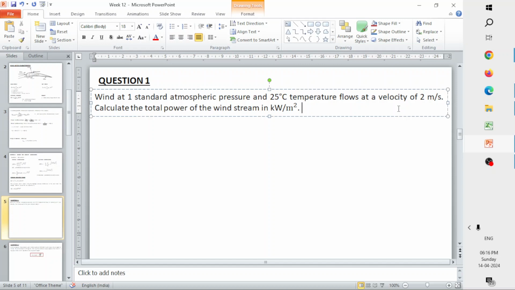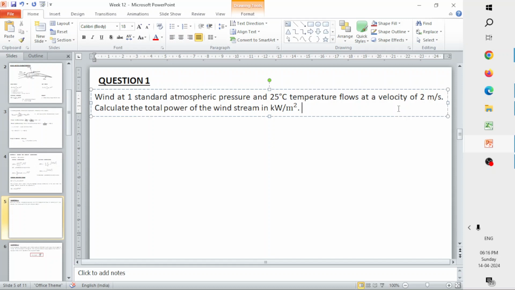Now you are supposed to calculate the power available in the wind stream. So this is very similar to what we actually solved in the last class.